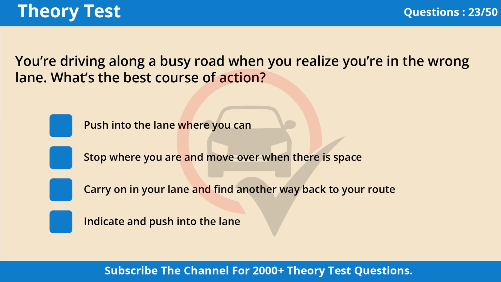Question 23. You're driving along a busy road when you realize you're in the wrong lane. What's the best course of action? C. Carry on in your lane and find another way back to your route.